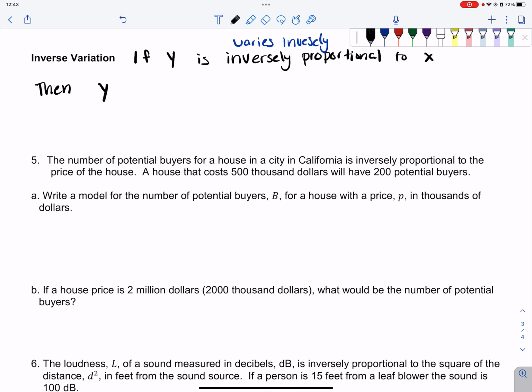We're instead going to have y equal to k over x. So instead of k and x being multiplied, k is being divided by x, where k is still our variation constant.